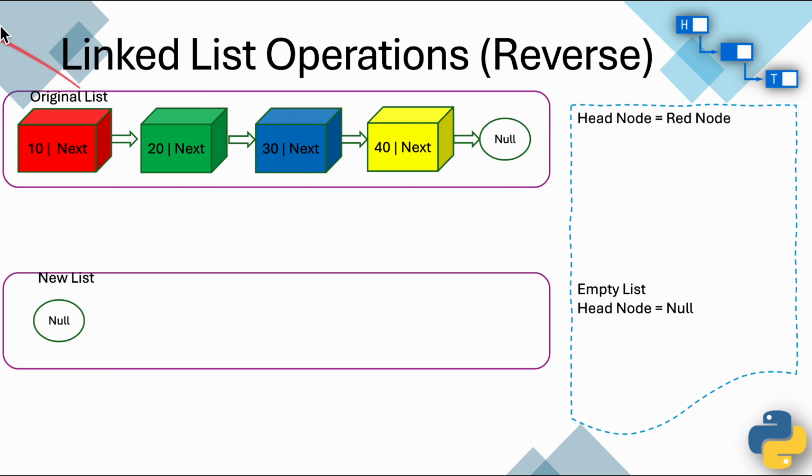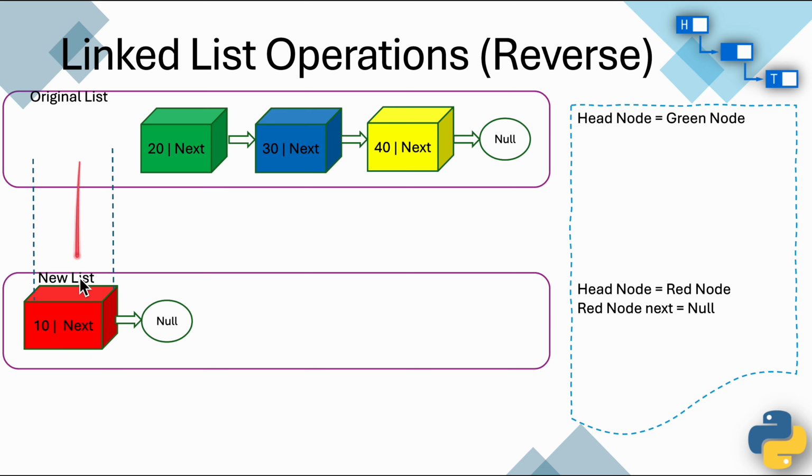So let's pull this red node and put it down. Yeah, I have taken the red node and put it down. Once I put it down, I have updated the red node's next to null, and the head node is the red node here in the new list, and in the original list the head node is updated to the green node.